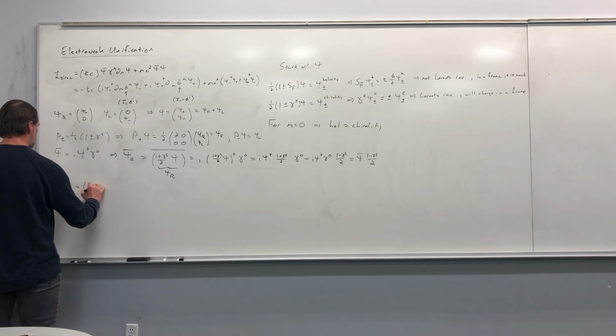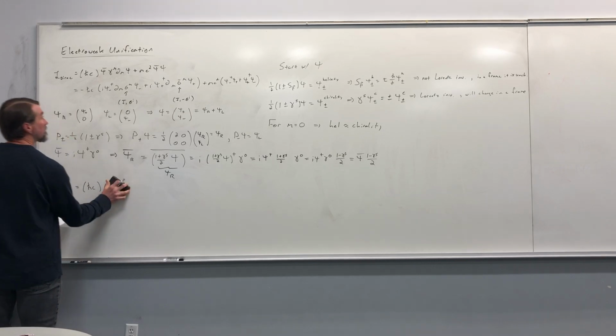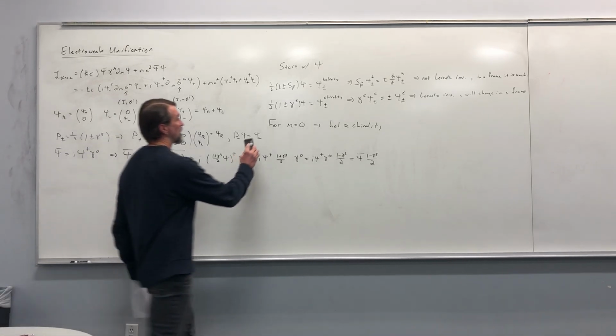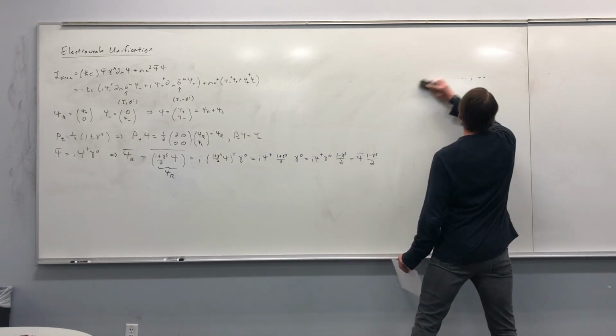So here we go. H bar C. Actually, I'm going to write this up there. I'm going to erase this because we're not going to need it anymore. And this is all work done. All right.